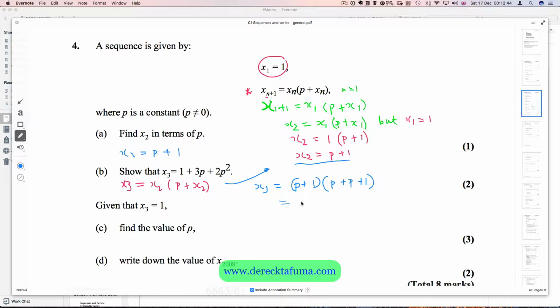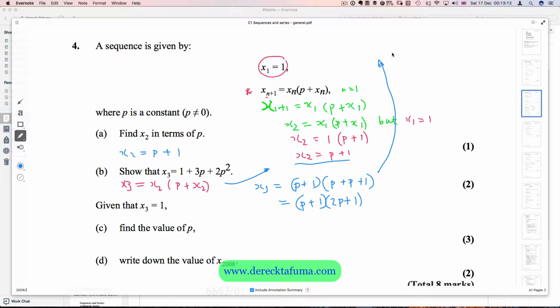So this gives us p plus 1 bracket 2p plus 1 close bracket, which means we multiply these two. Let me do it up here where there is more space.